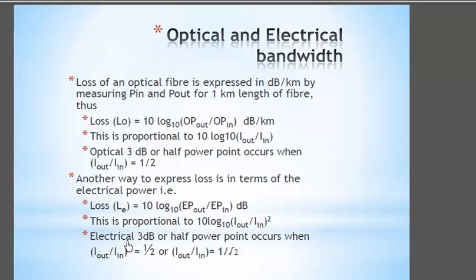It's the point at which the power output is half of the power input. So 3 dB is always half the power. That's basically what you need to know here, all the new information.